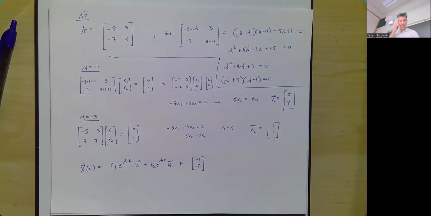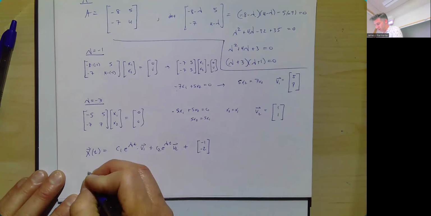So the last thing we need to do here is use our initial conditions. Sorry, I'm making sure I'm really not doing something stupid. No, that's right. Okay. So we're going to write this in the normal way.